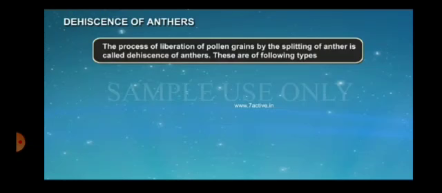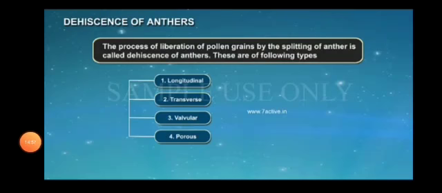So let's see these types. So these are the patterns. First is the longitudinal, second transverse, third valvular, and fourth is porous. So these are the four types, and in this manner dehiscence of anther takes place.